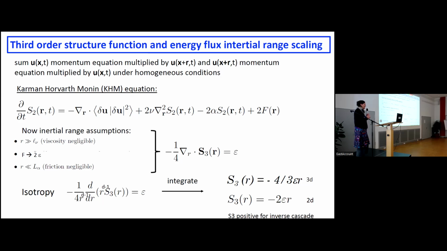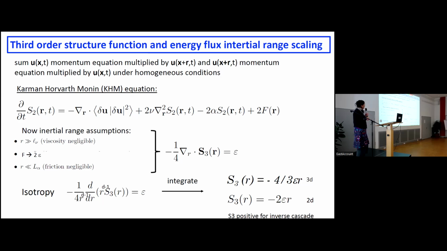So r is the separation of 2 points. Then you get this KHM equation, and you could write it as an equation for the second order structure function. And here are included 2 dissipation terms, a large scale friction term and a smaller scale viscosity term. And here this comes from the forcing energy input.